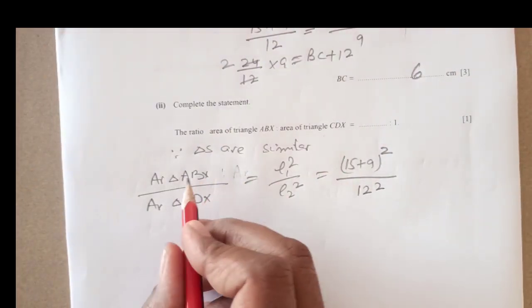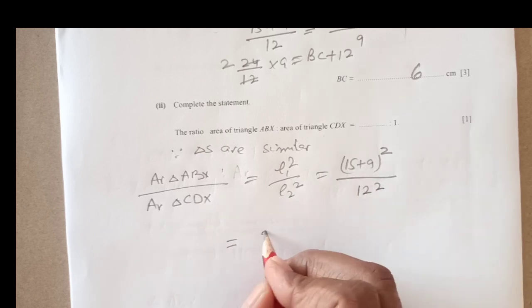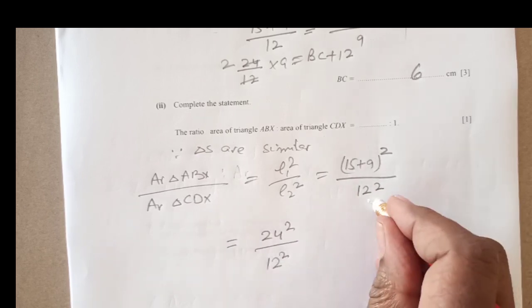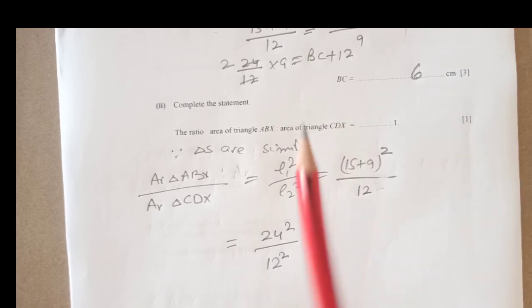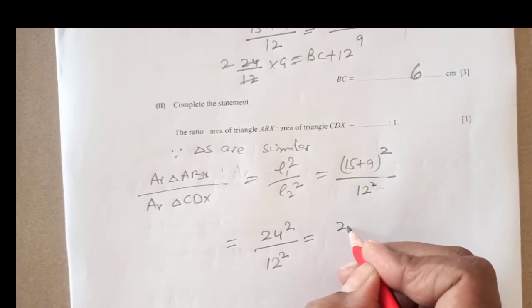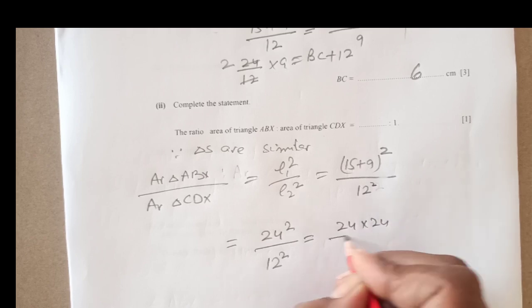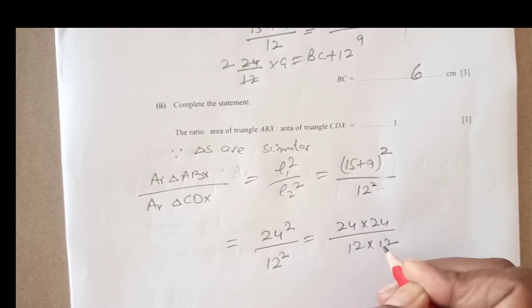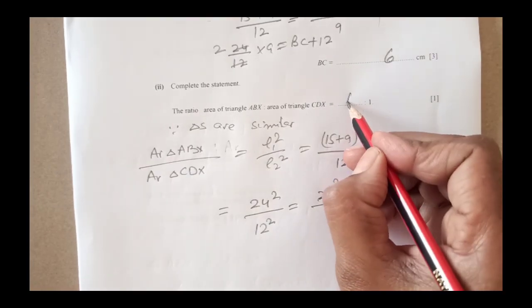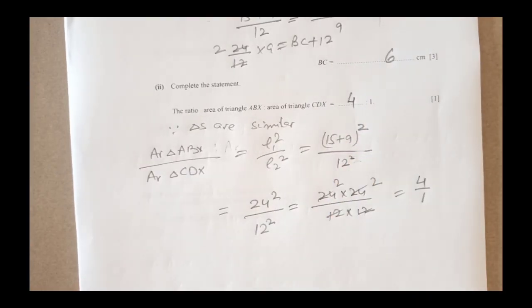So this is 24 squared over 12 squared. We can simplify 24 times 24 over 12 times 12, 12 times 2, 12 times 2. So we have 4:1, right?